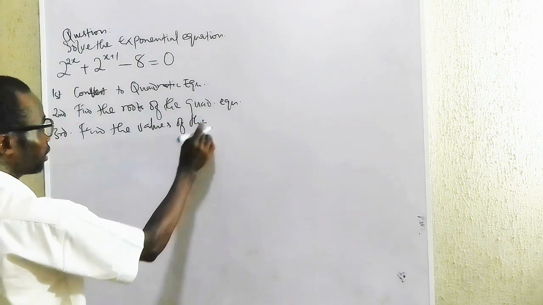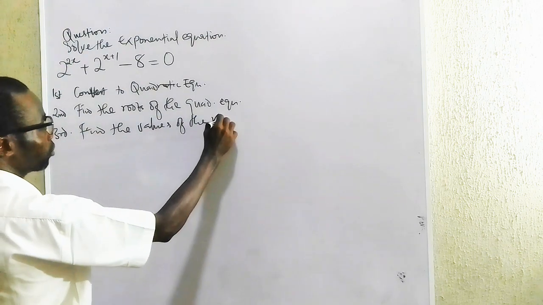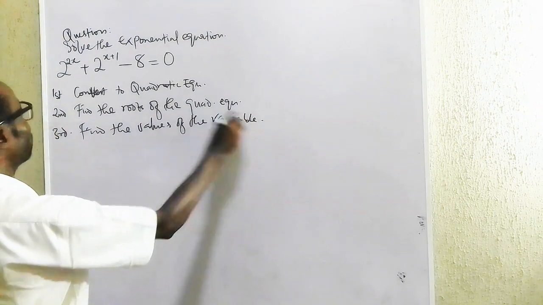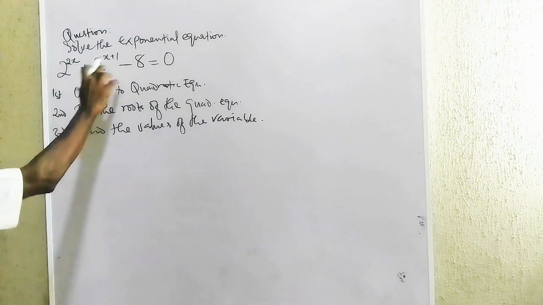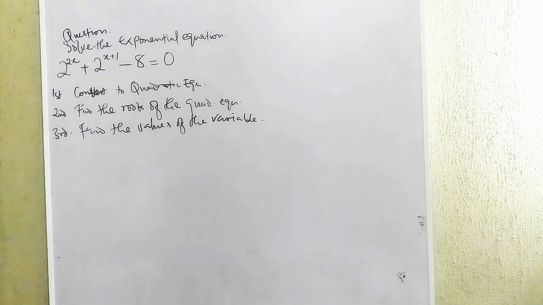Of whatever it is, the value of the variable, the variable is the value that we do not have here. So let's take the first step.